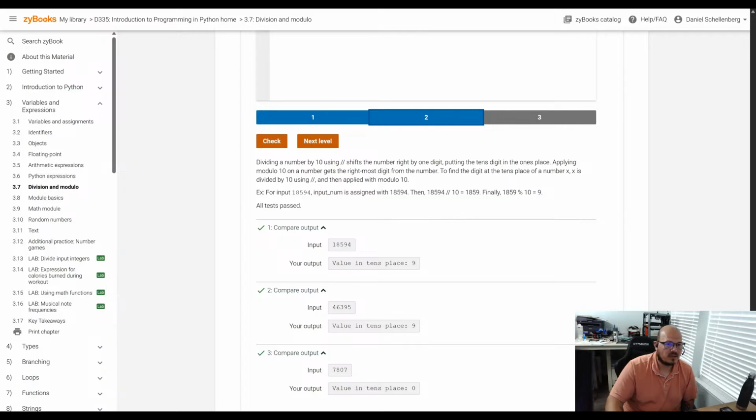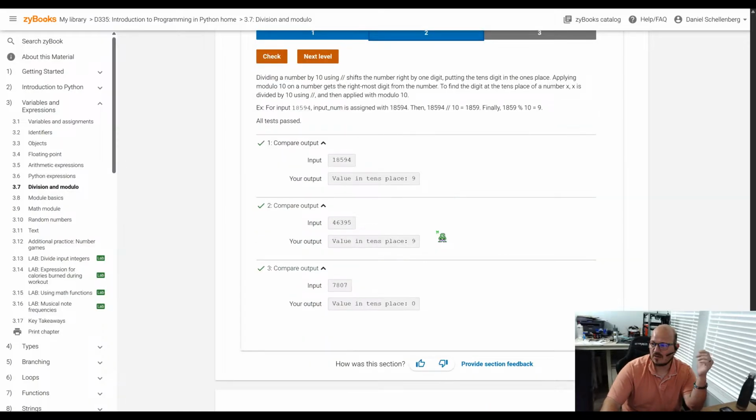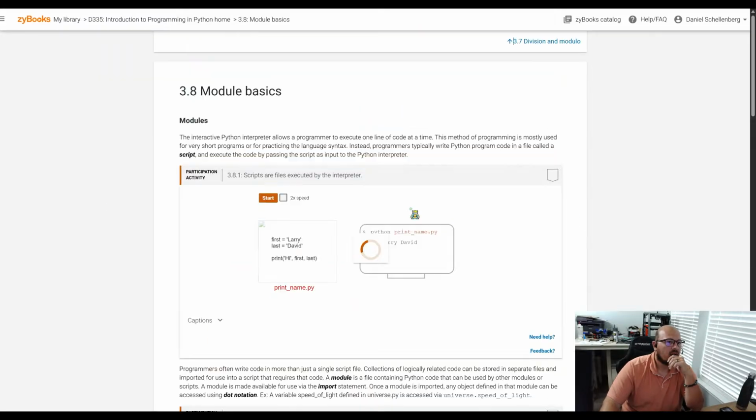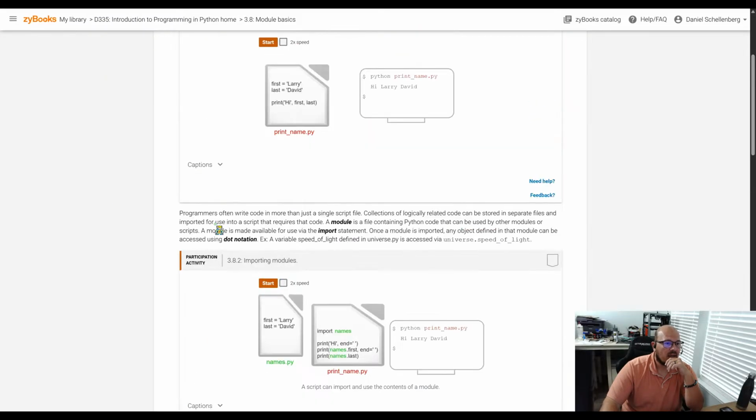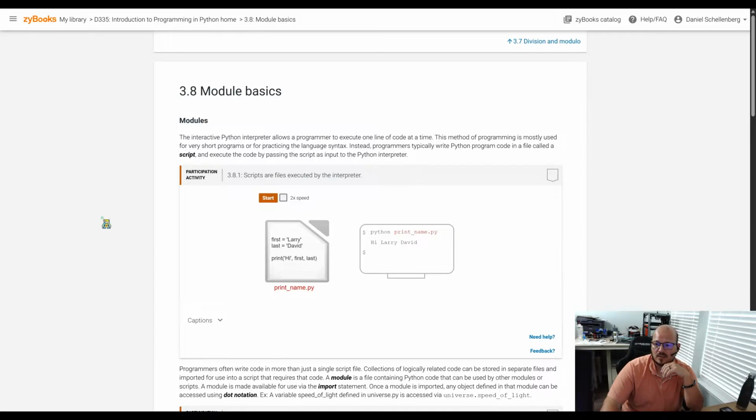Then we have to take 1859 divided by 10 again, which is 185.9, and then the modulo takes the number to the right of the decimal, which is 9. Okay, that makes more sense. Hopefully that makes sense to you. If it doesn't, let me know. But before we move on, I am going to take a break, so I will be back.